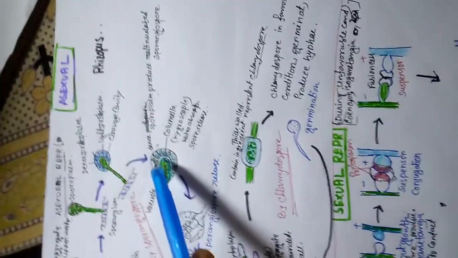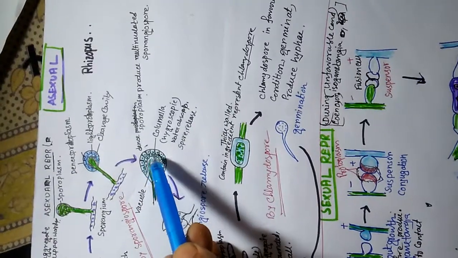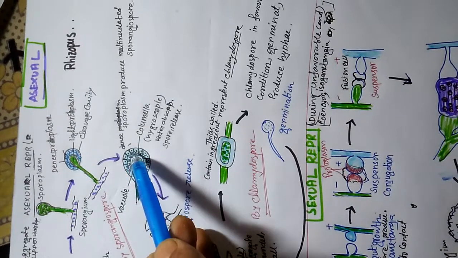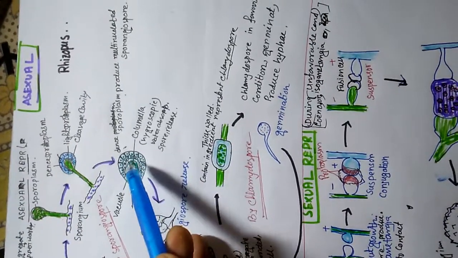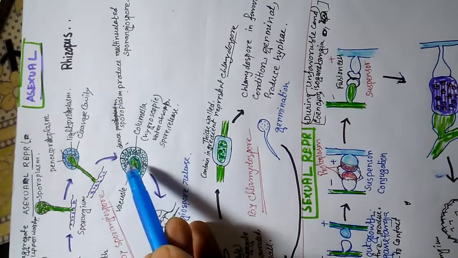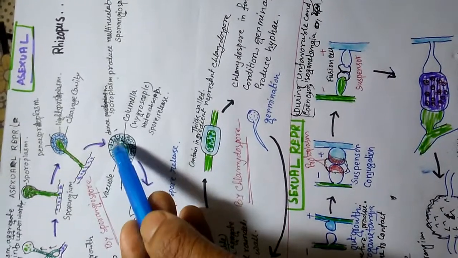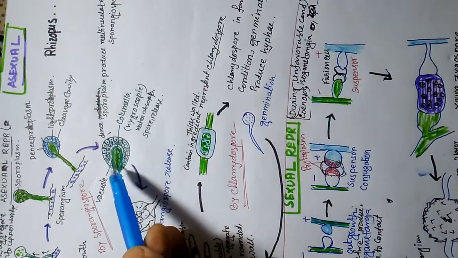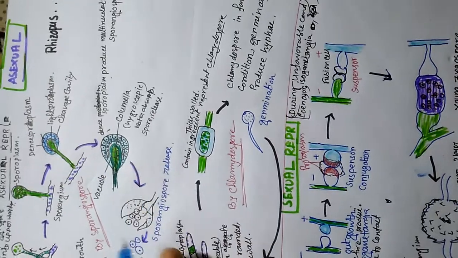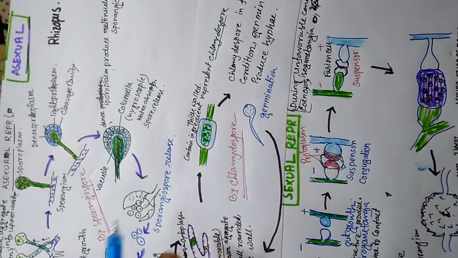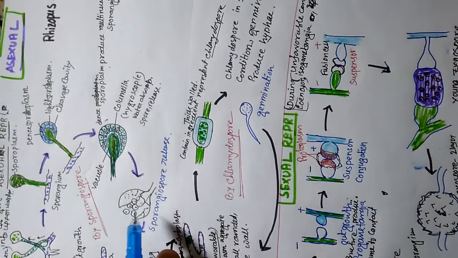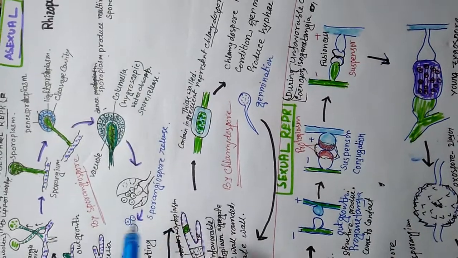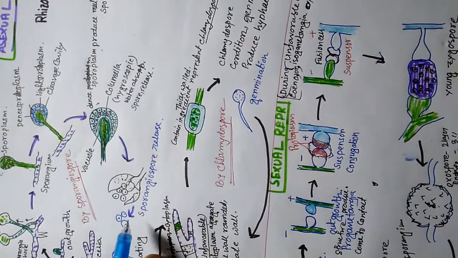The dense protoplasm contains nuclei, and each nucleus with its protoplasm produces many sporangiospores. The sporangiospores are released when the columella absorbs water and releases the spores outside.